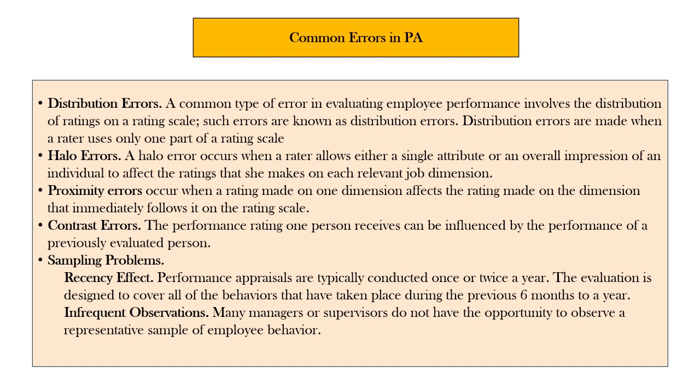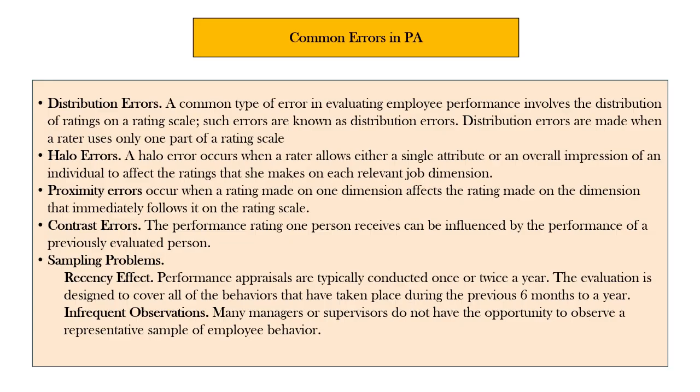This occurs when a rating made on one dimension affects the rating made on the dimension that immediately follows it on the rating scale. For example, if an employee is rated low, there is a possibility for the next one to have a rating that is also somehow low.